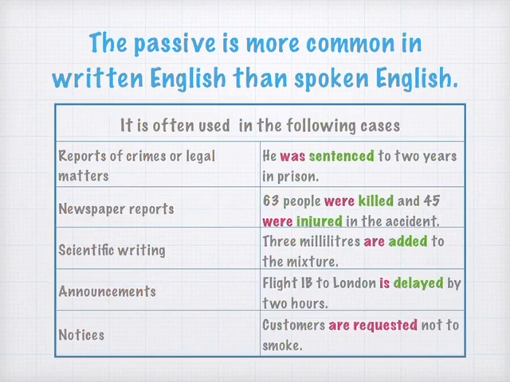Newspaper reports, reportajes periodísticos: 63 people were killed and 45 were injured in the accident. In scientific writing, 3 milliliters are added to the mixture. Announcements: flight IB to London is delayed by 2 hours. And notices: customers are requested not to smoke.